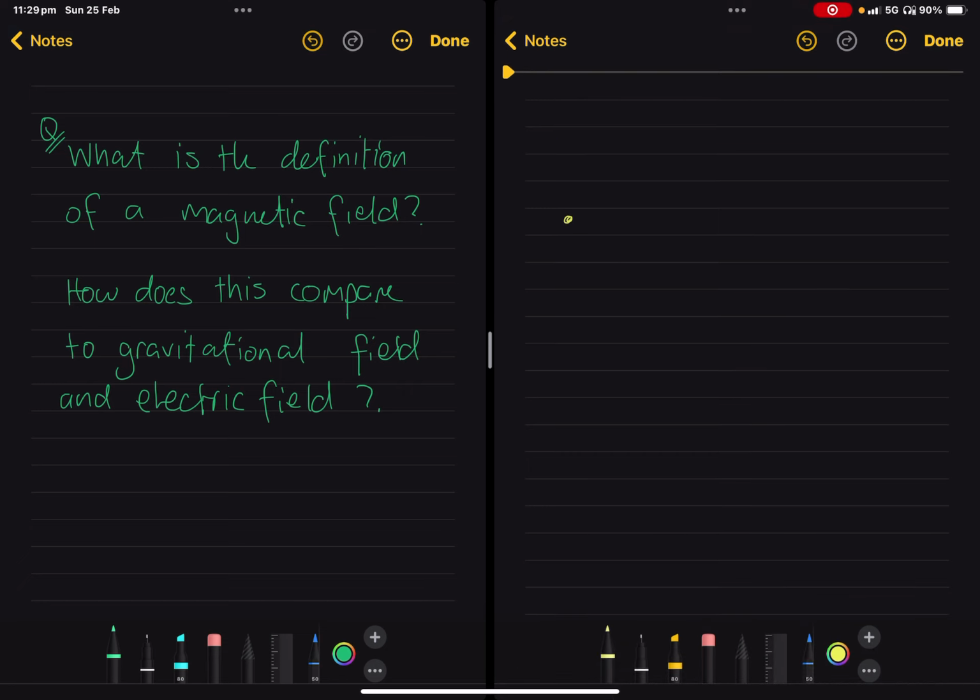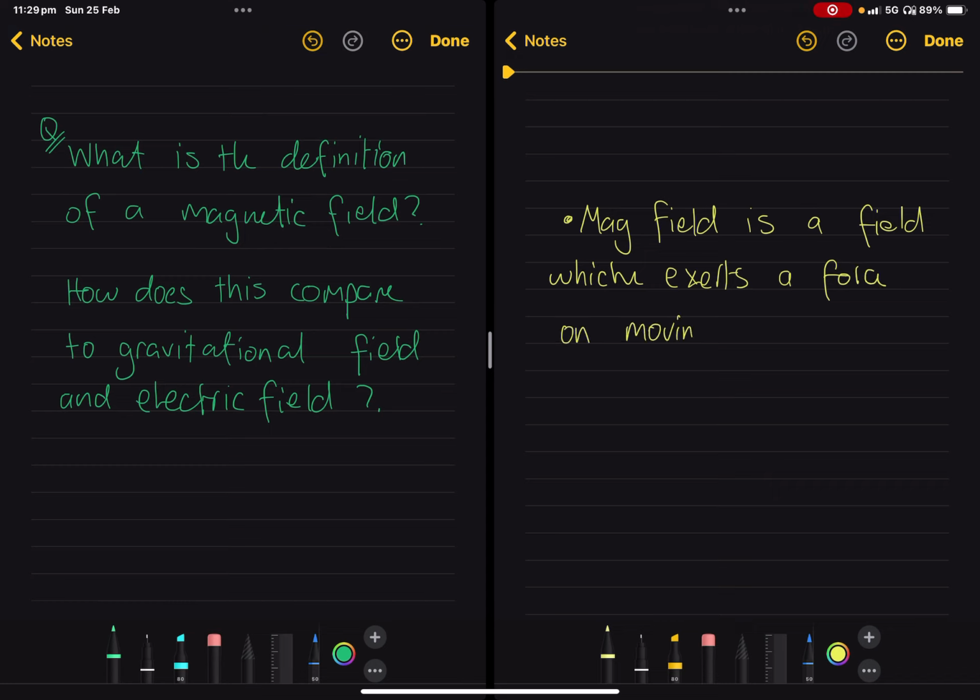We are going to say that a magnetic field, a mag field, is a field which exerts a force on moving charged objects.